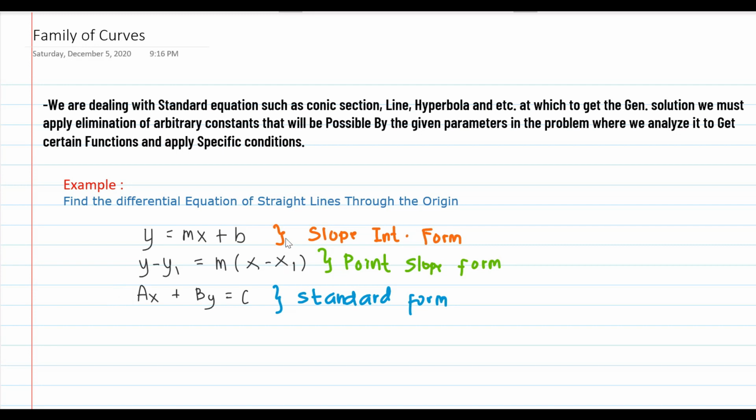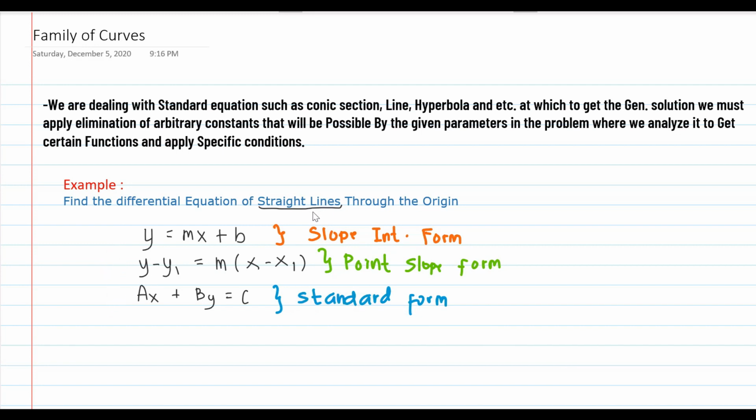To do so, we must infer from the given information in the problem. As you can see, we already deciphered the straight lines, which is these three equations. And we need to choose one equation, obviously.